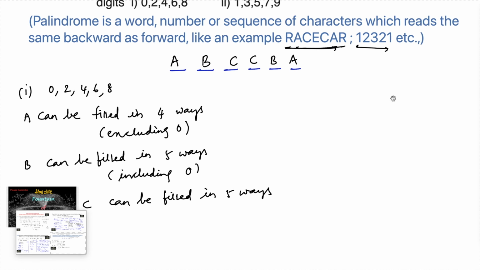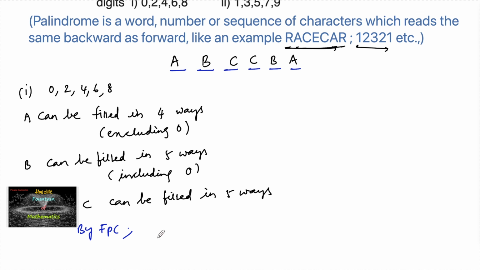So therefore by the multiplication principle, by FPC, the number of palindromes by using the digits 0, 2, 4, 6, 8 is nothing but 4 into 5 into 5.